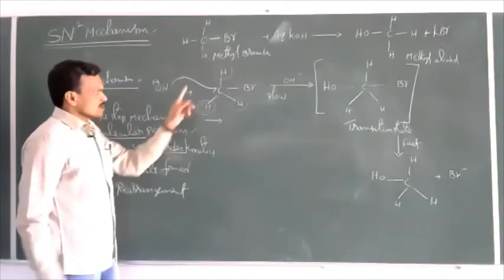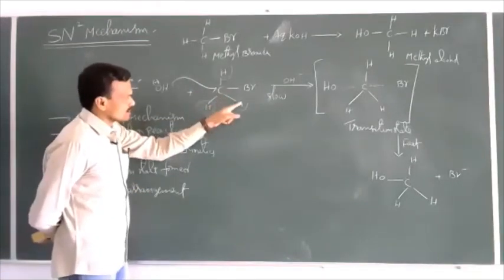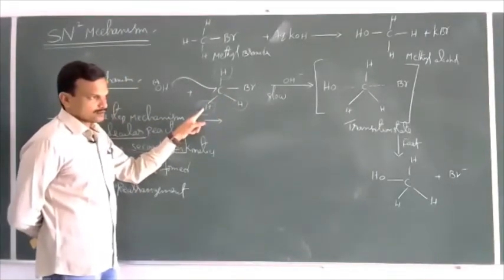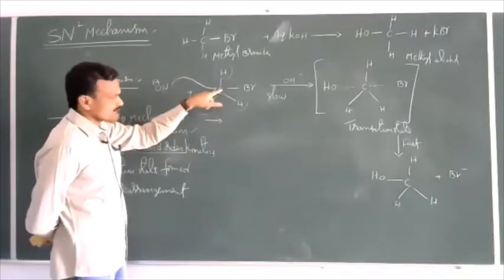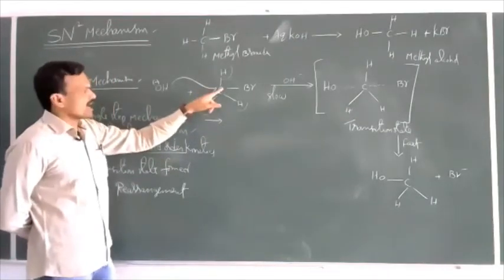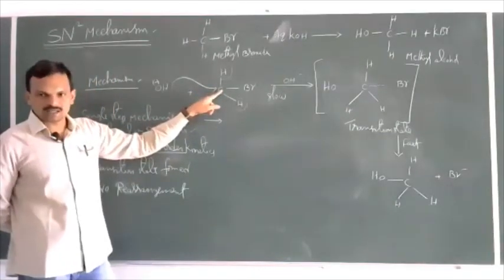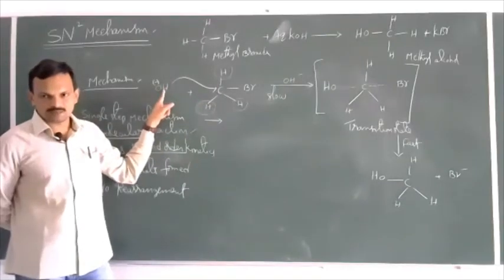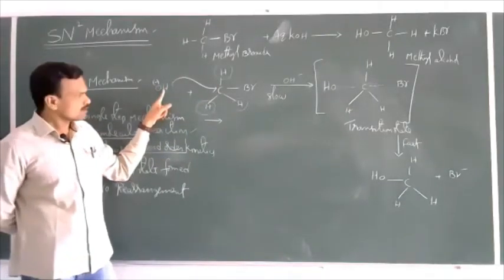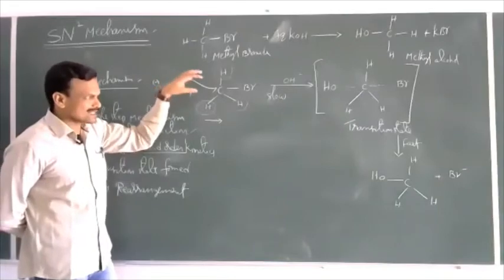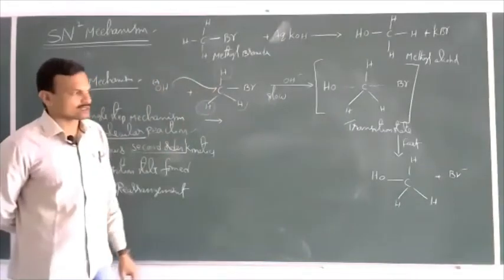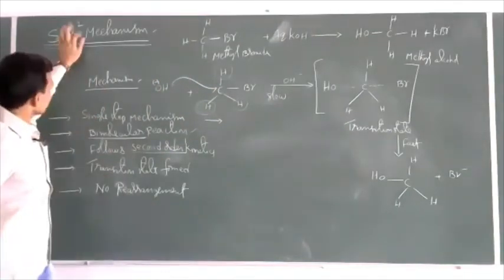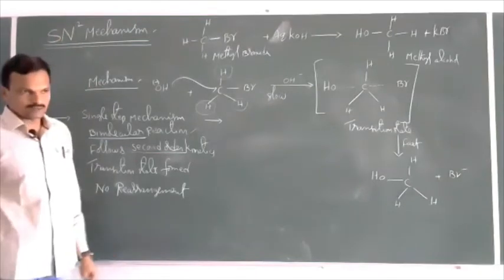Suppose the size of these groups increases, the bulkiness around this carbon increases. As the bulkiness around this carbon increases, attack of this OH minus becomes difficult. So, less substituted haloalkanes undergo SN2 reaction more readily.